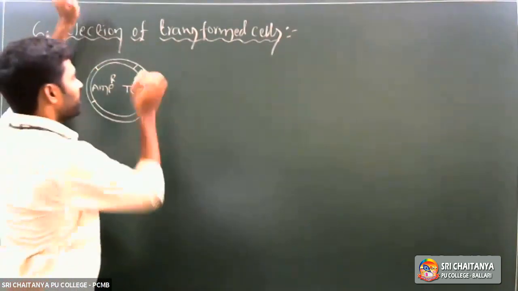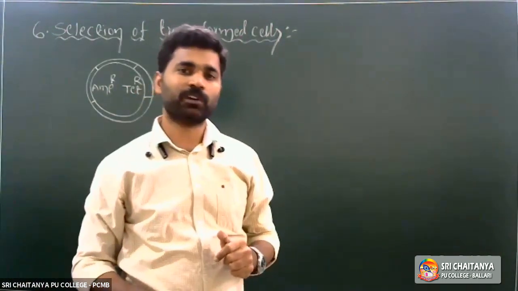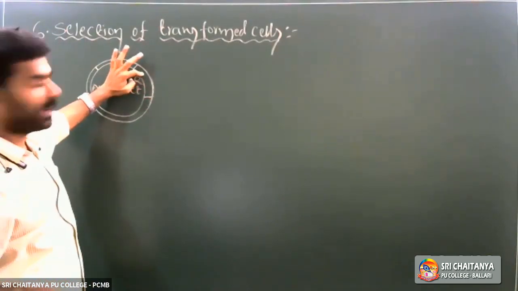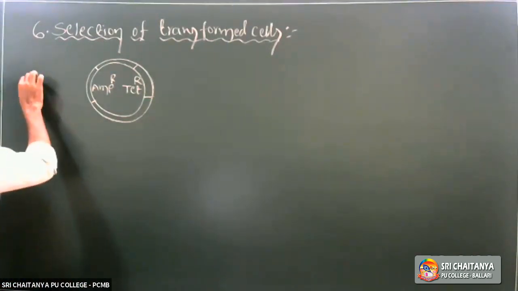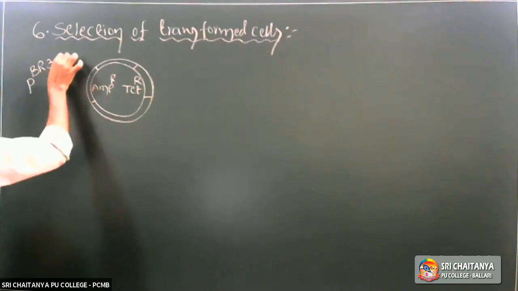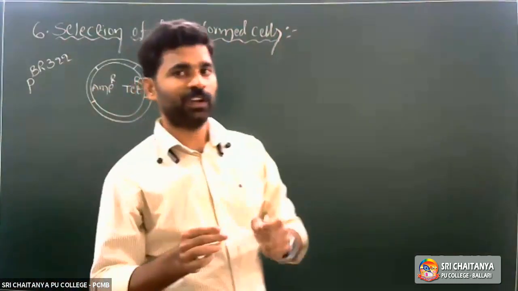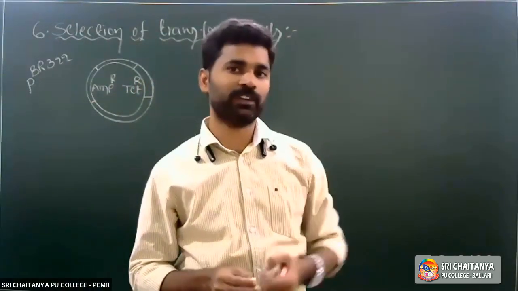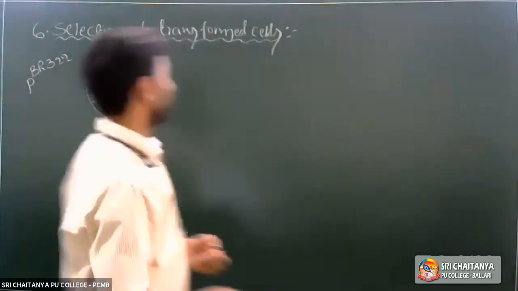In the tetracycline resistant gene, we observe two palindromic sequences or cloning sites. What are they? The BamHI sequence and the SalI sequence. So in the pBR322 vector, the tetracycline resistant gene has two important cloning sites, one is the BamHI sequence and another one is the SalI sequence.